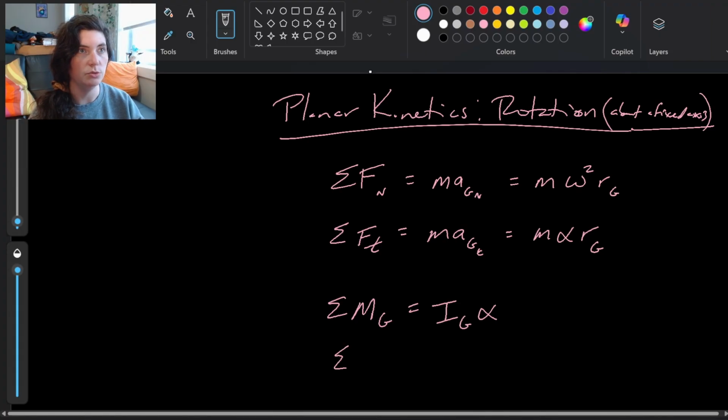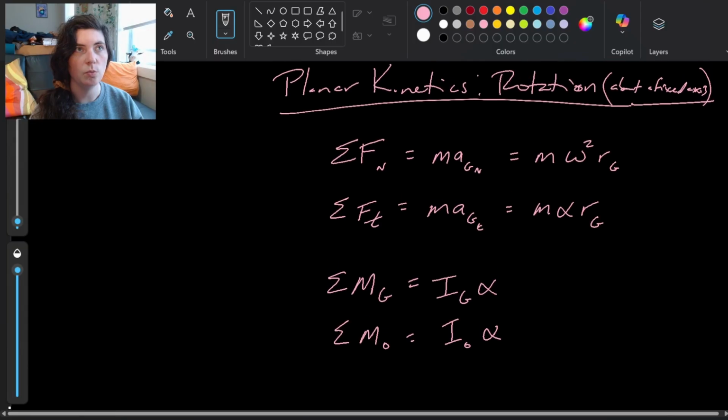Or we could use the sum of moments about point O. Point O in this case is going to be the point that you're rotating about. The sum of moments about point O is the moment of inertia about point O times the angular acceleration. So that's another one that we could use.